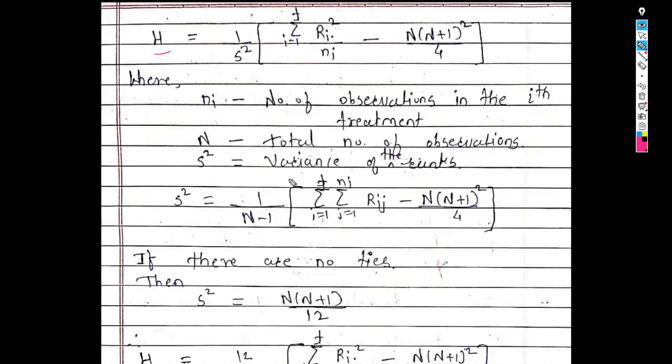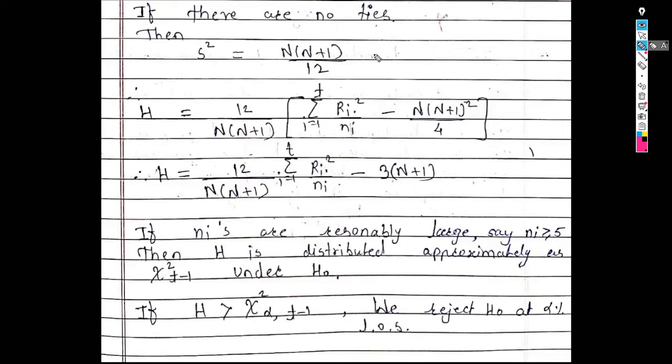Okay, so this S² is for when tied observations are present in our data, but if there are no tied observations in our data, then we use this variance for ranks, S² equals N(N+1) upon 12.